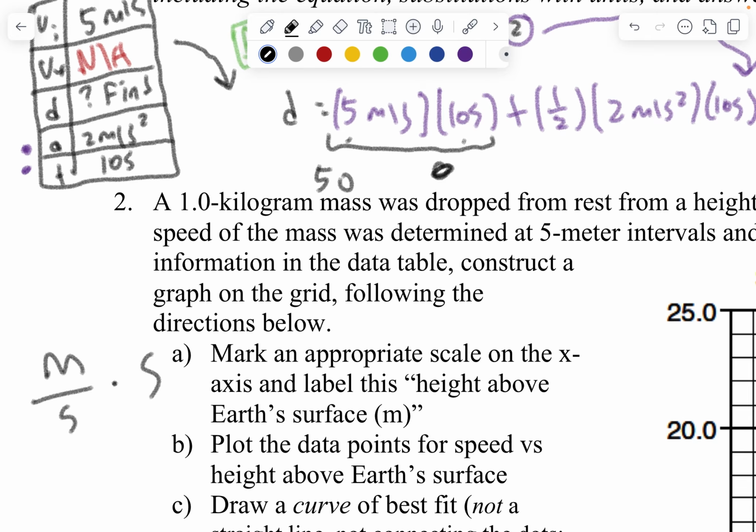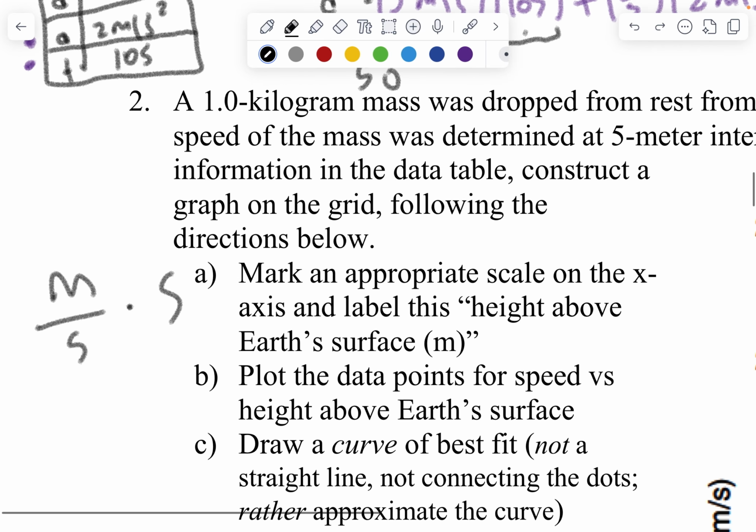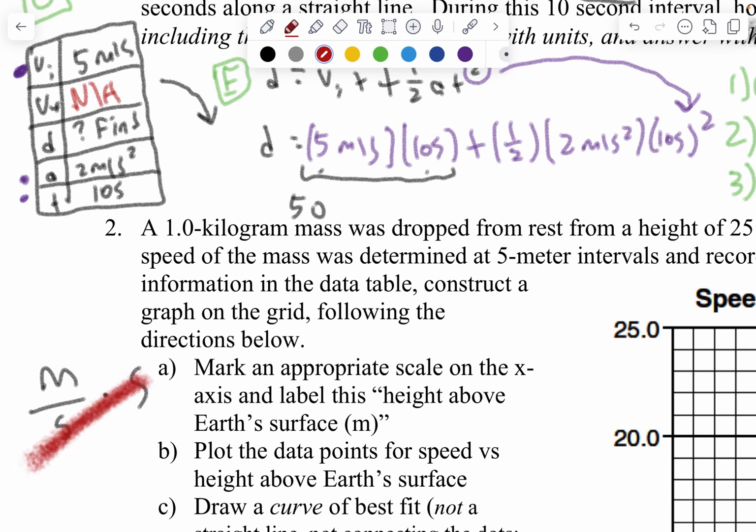That's what we have right over here. We have meters per second times seconds. Now, in this format, it should make it a little bit more clear that we can just cancel these out, right? So, since we can cancel those out, this becomes meters.